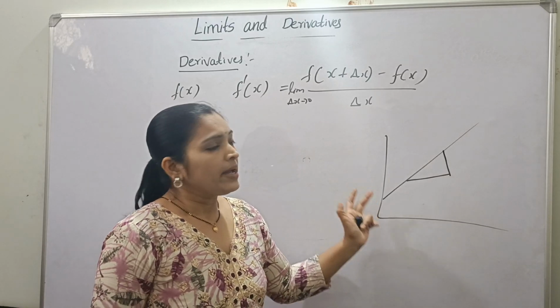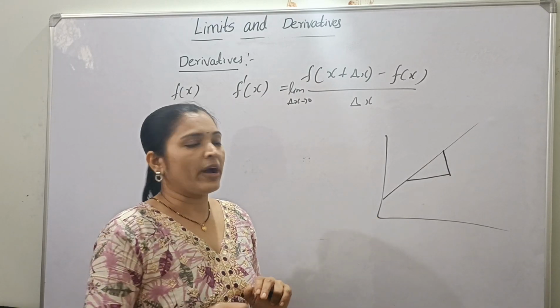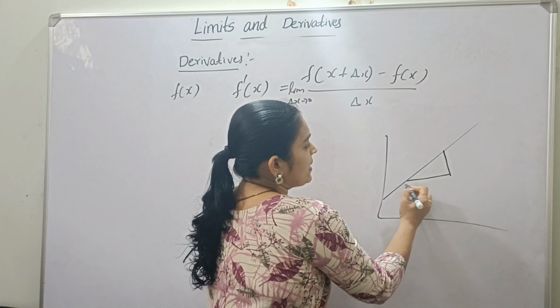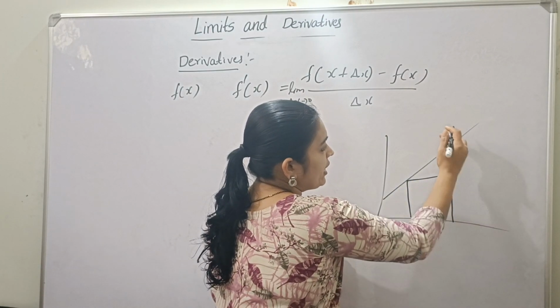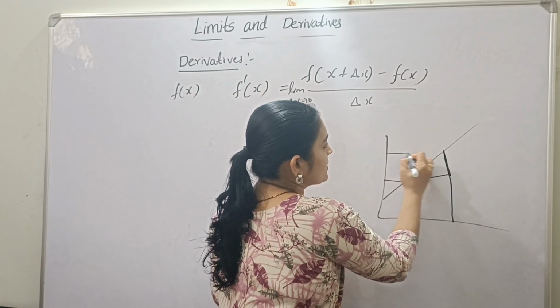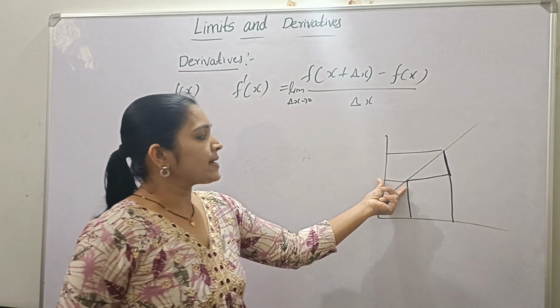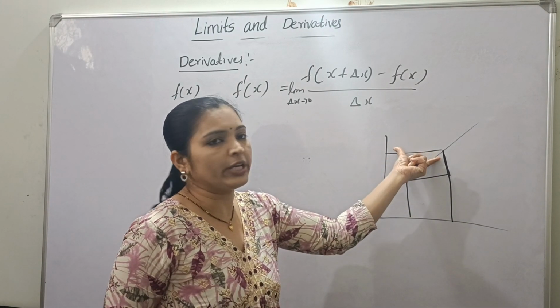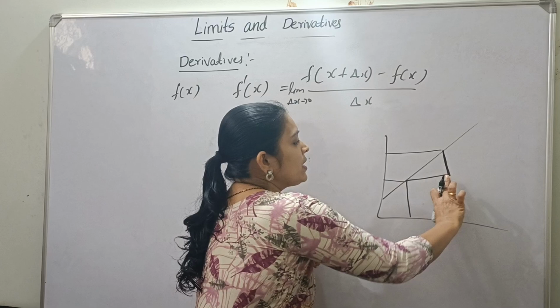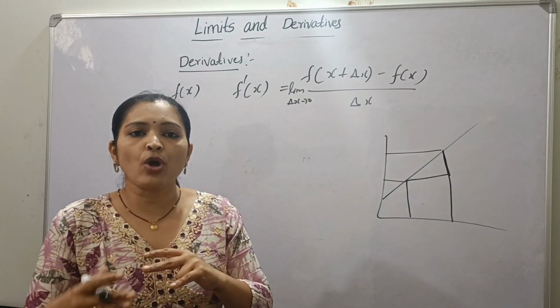When x changes, what is the change in y? Here x increased, from here to here, and here y also changed, right? So what is the change of y?